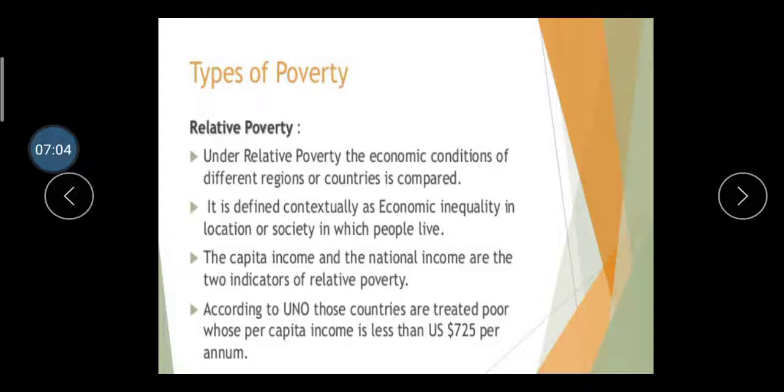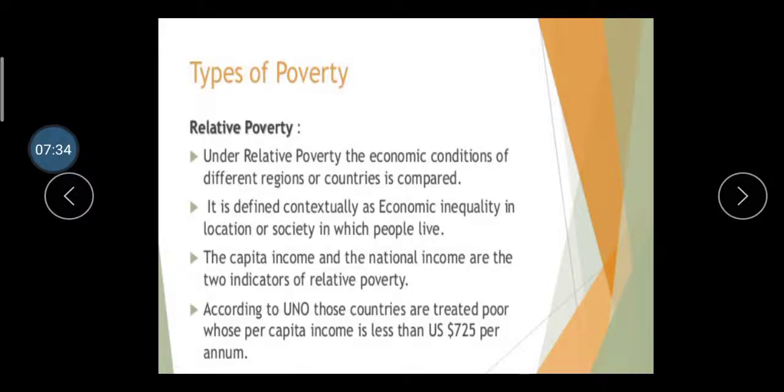Then relative poverty. The name is self-explanatory: when you do a comparison between two classes, if one class is lesser than the higher class, it is considered relatively poor on the basis of other persons. Here you understand relative poverty by comparing the economic condition of different regions and countries.